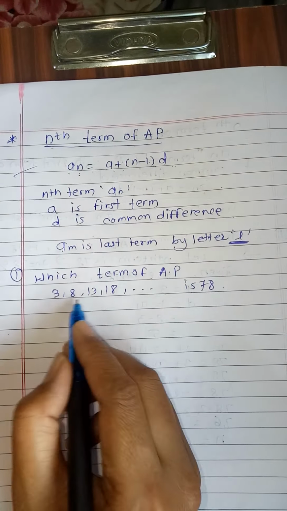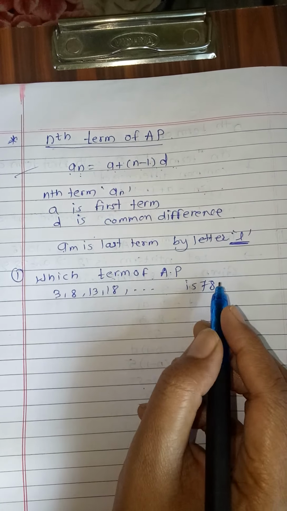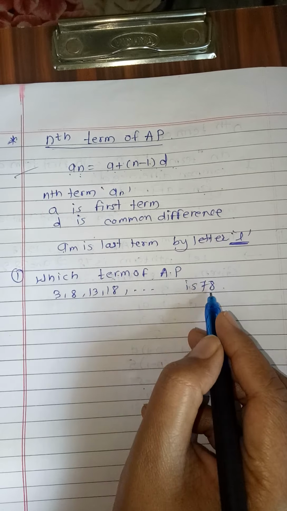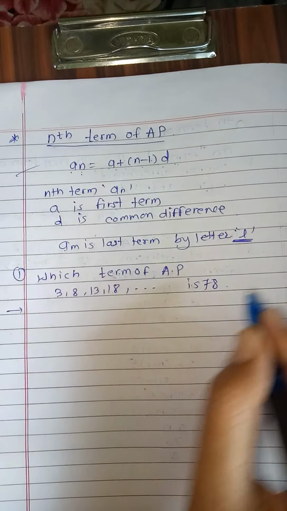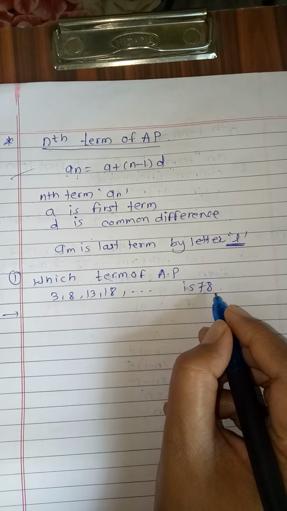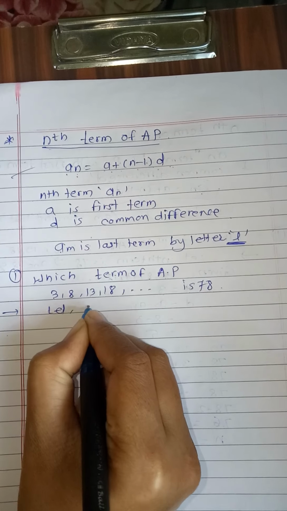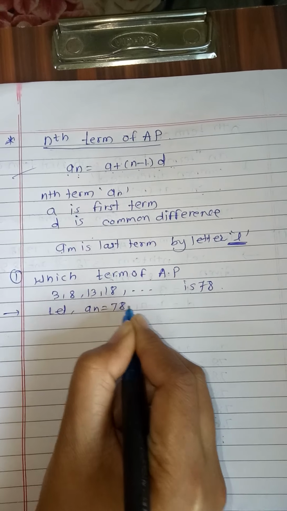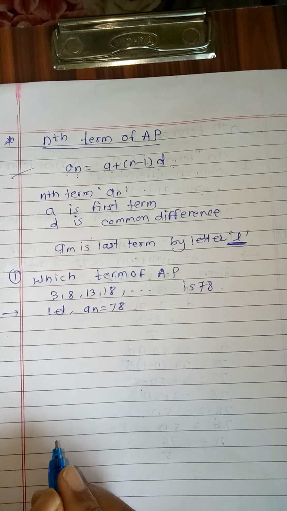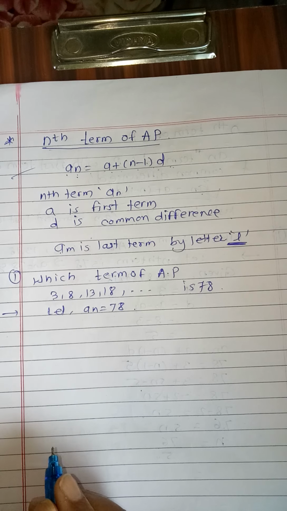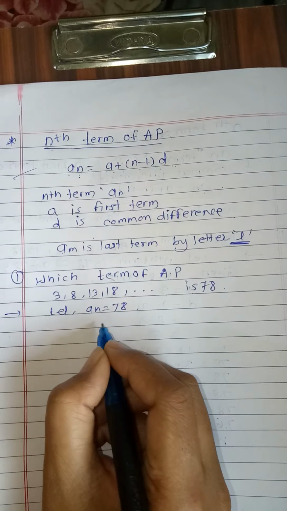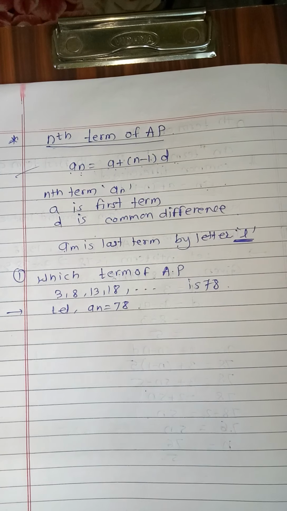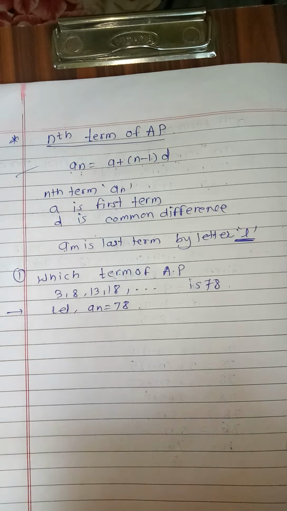Which term here is 78? That is, here we are given an = 78. So by using this we have to find the value of n, that is, which term is 78.